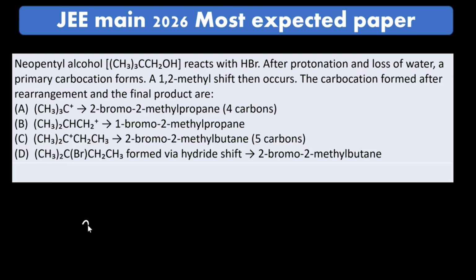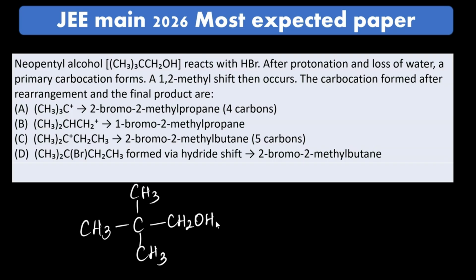Okay, so let me write CH3, C, CH3, CH3, CH2OH. That is neopentyl alcohol reacting with HBr. After protonation and loss of water, a primary carbocation forms.